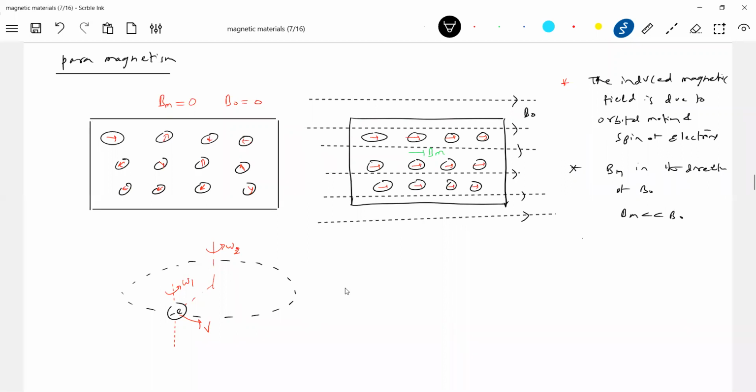Because of that, susceptibility will be positive and very small. And what about mu r? It will be positive and greater than 1. What is mu r? If chi is positive, it will be greater than 1.